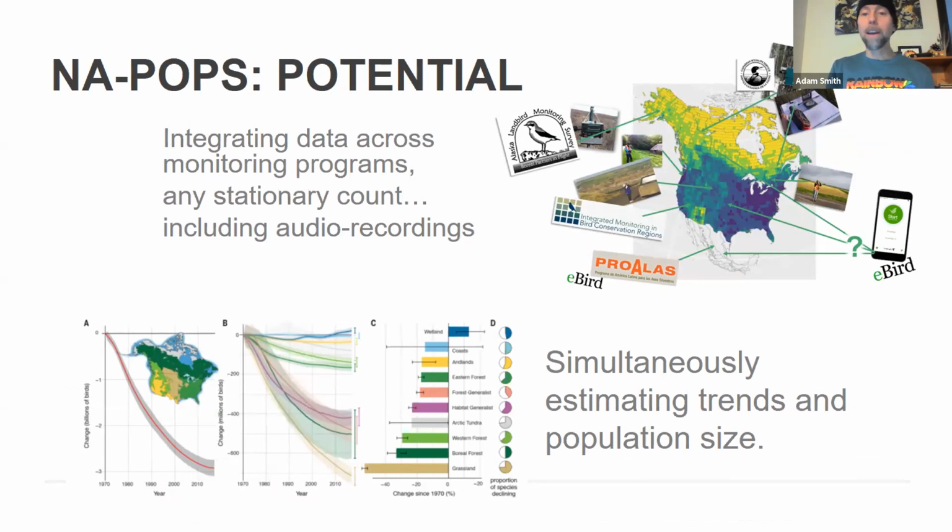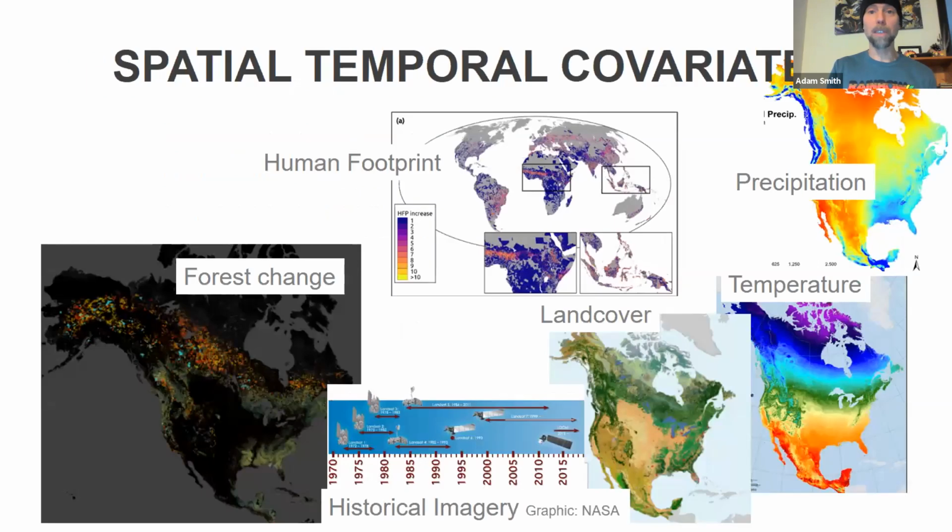And because we're integrating all of these things and using estimates of density, it effectively allows us to turn our status and trend modeling every year, our annual reporting process, into a process that simultaneously estimates trends and population size. The range of potential spatial and temporal covariates that we can integrate into this is just tremendous.